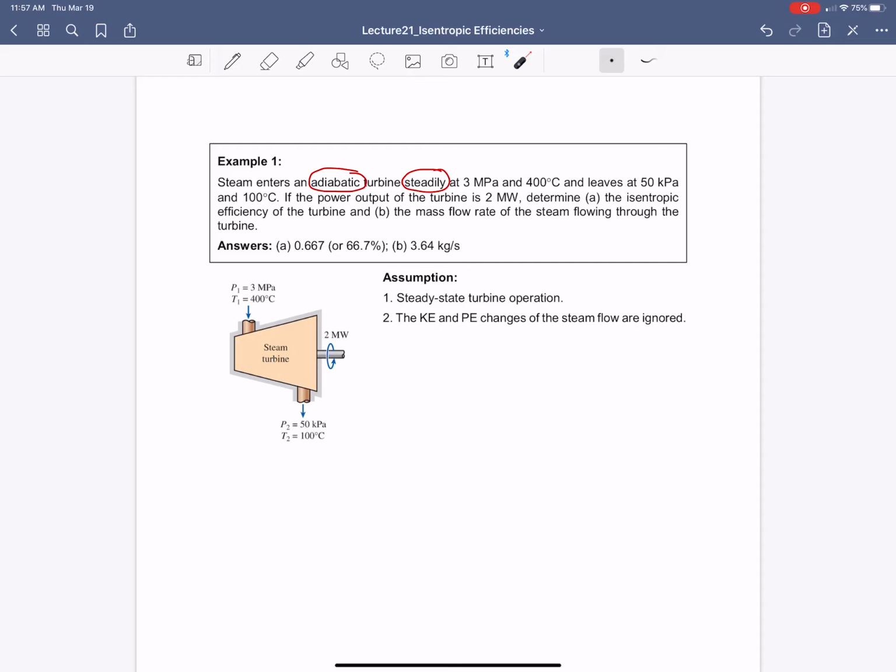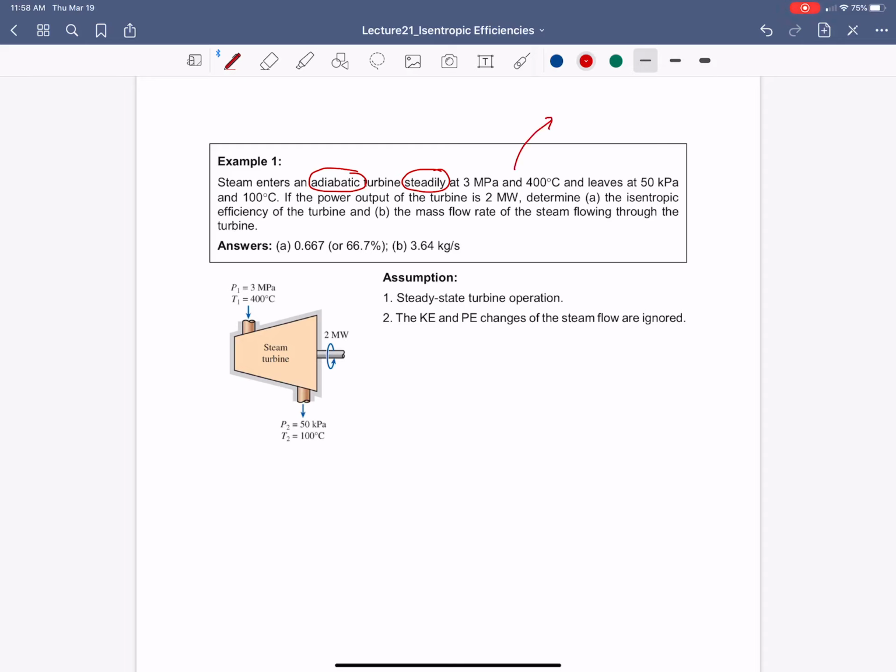Then let me ask one question. Where is that state located? Is it in a saturated liquid vapor mixture, or is it in the superheated vapor condition? How can we find this?